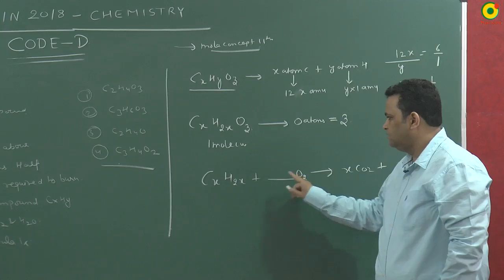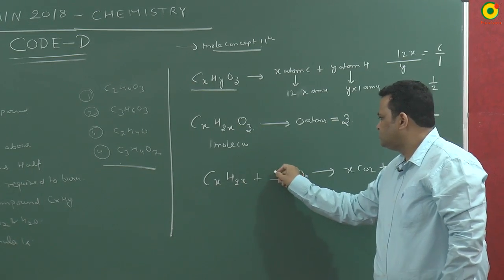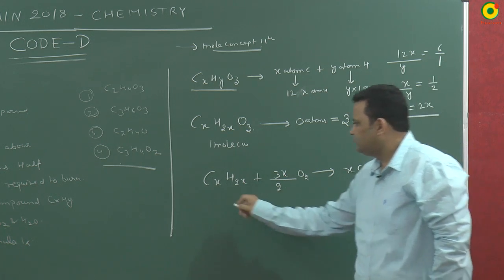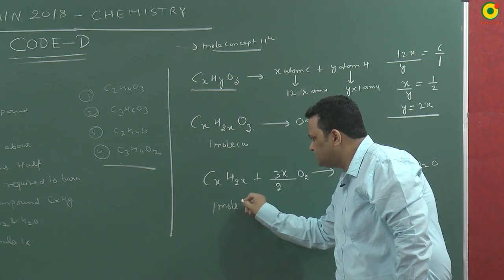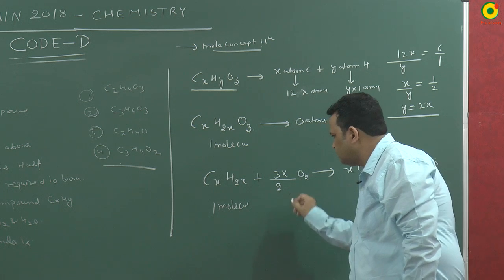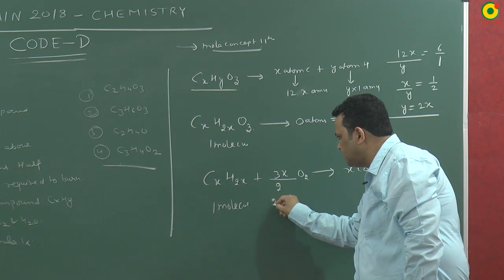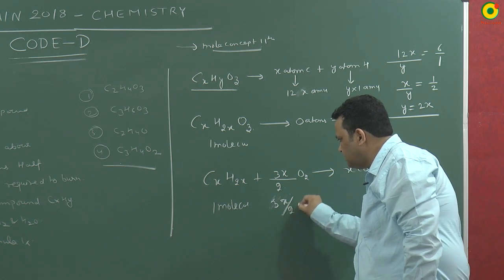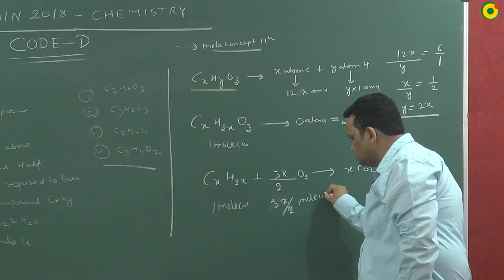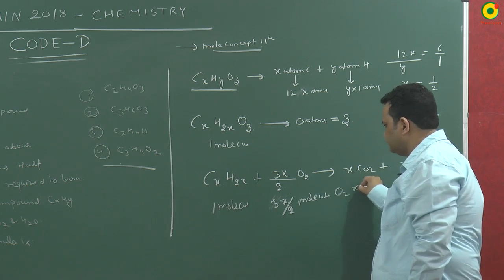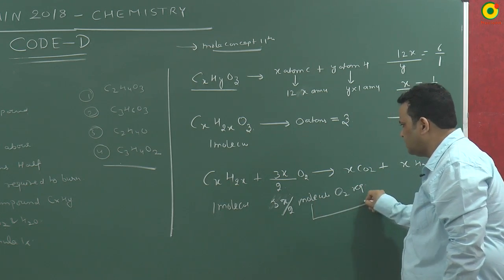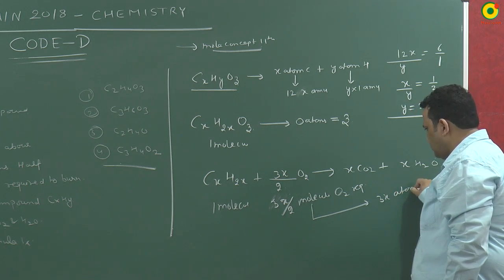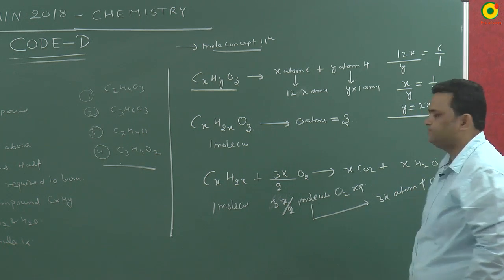After balancing this, the oxygen molecules will be 3x by 2. So for one molecule of CXHY, the required oxygen is 3x by 2 molecules of O2. It means 3x atoms of oxygen are required.